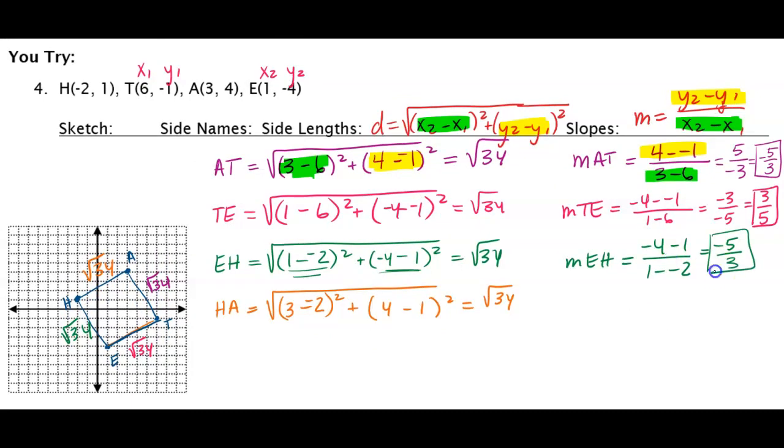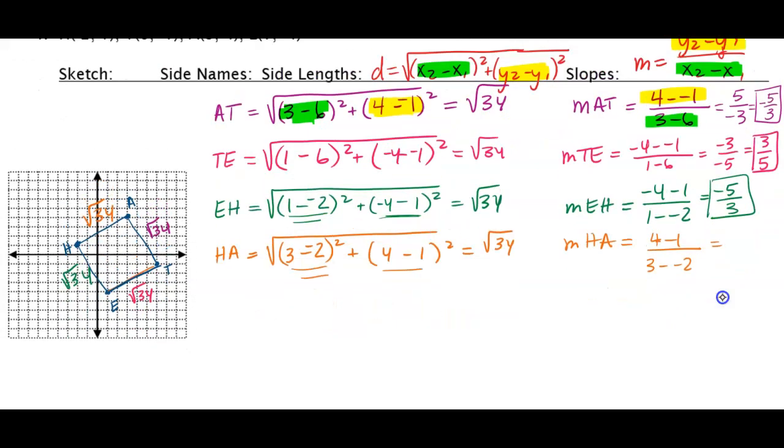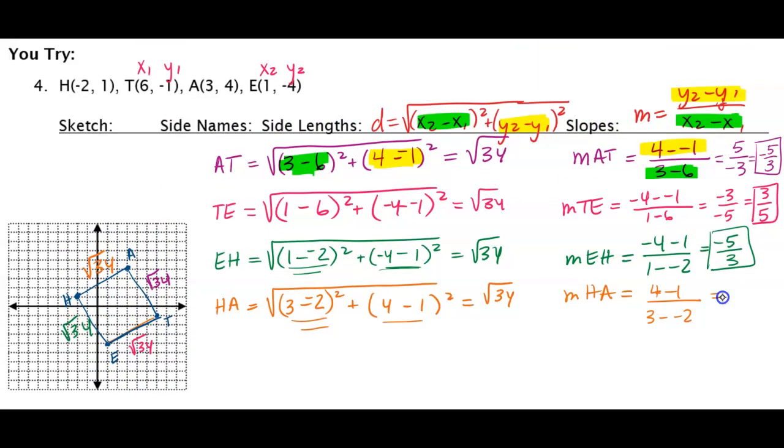And then we'll do the same thing with our last one, which is for the slope of HA. I would take my second parentheses, 4 minus 1, over my first parentheses, 3 minus negative 2. And that would be 3 over 5, because this is really 3 plus 2.